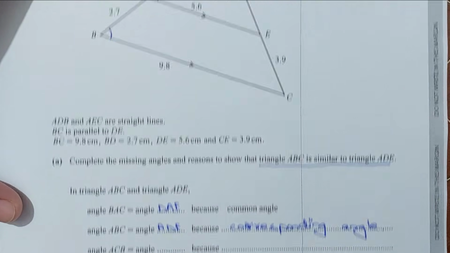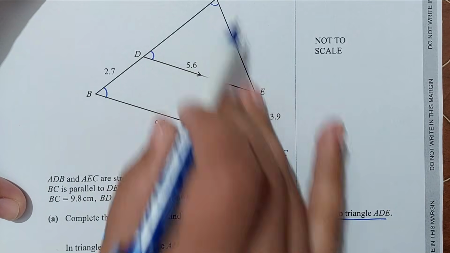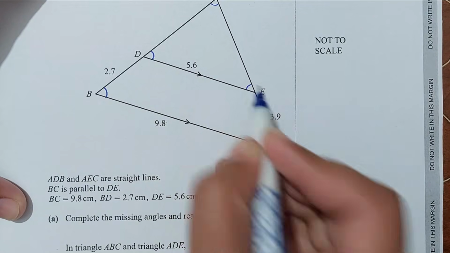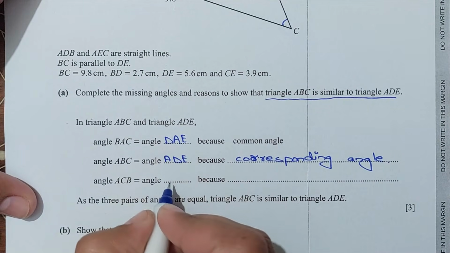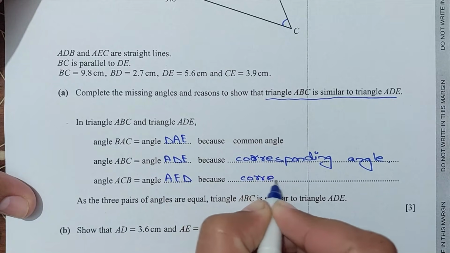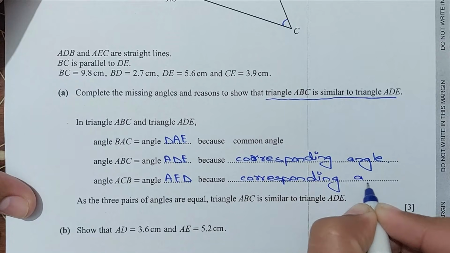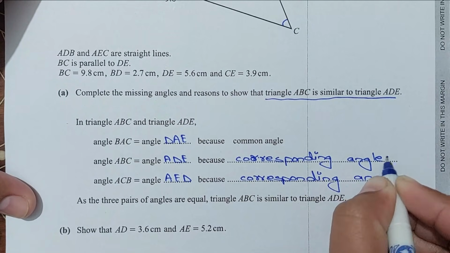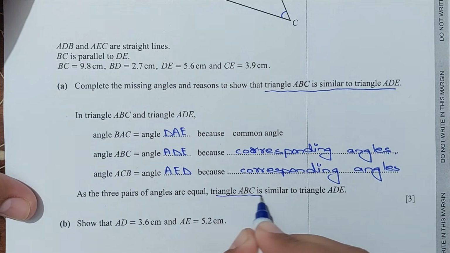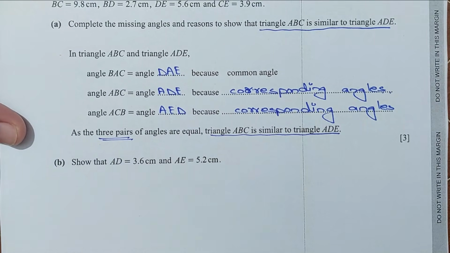And the angle ACB of this bigger triangle and the angle AED of the smaller triangle are the same because they are corresponding angles. As the three pairs of angles are equal, the triangle ABC and the triangle ADE are similar.